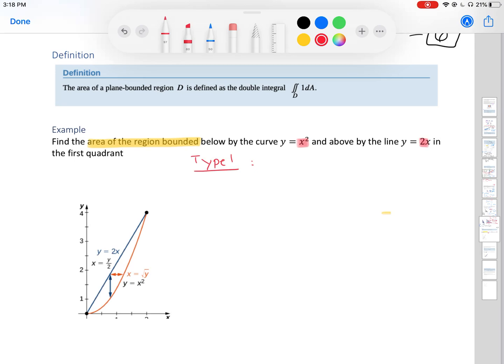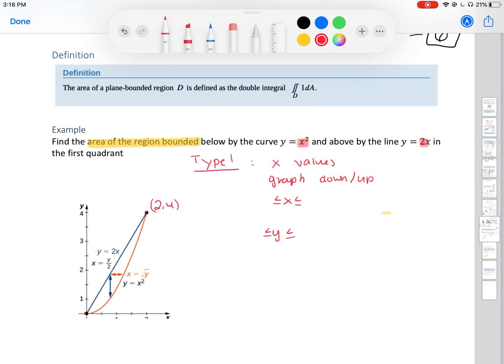All right, let's do type 1. Now this is in terms of x. So you look at your x values and you look at your graph or your functions down and then up. Okay, so our x's go from this point here, which is 2 comma 4.